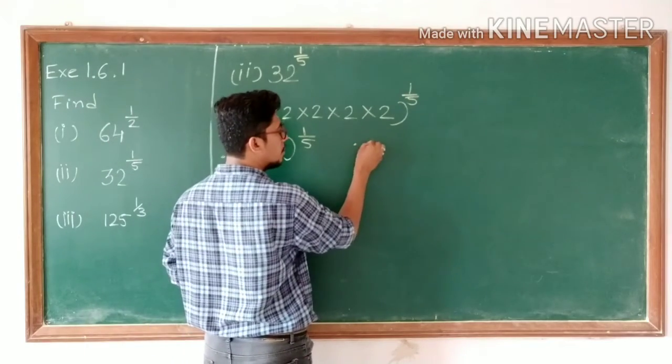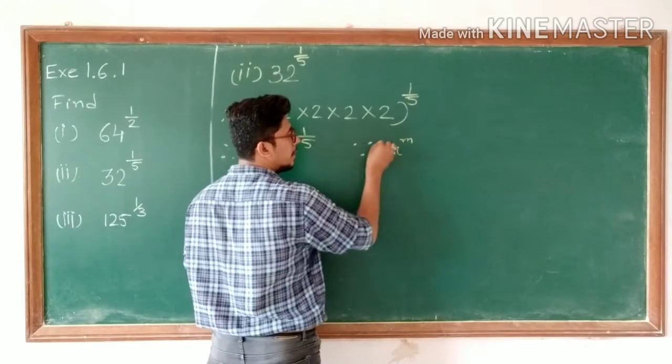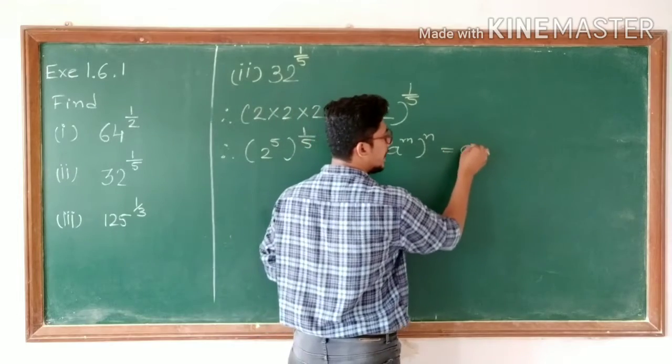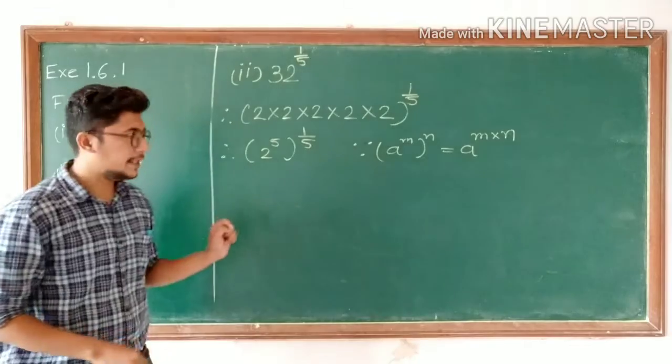Because (a to the power of m) to the power of n is equal to a to the power of m into n. Yes or no? Yes.